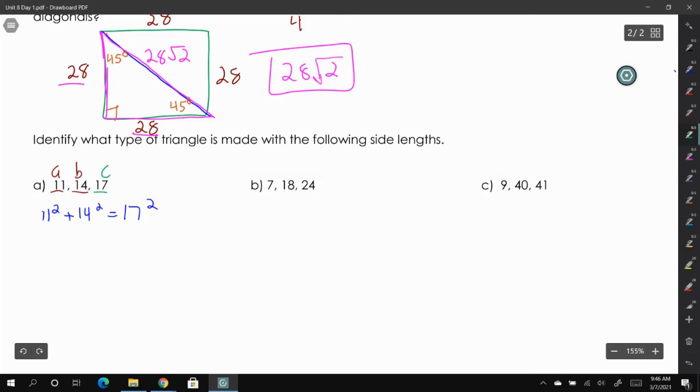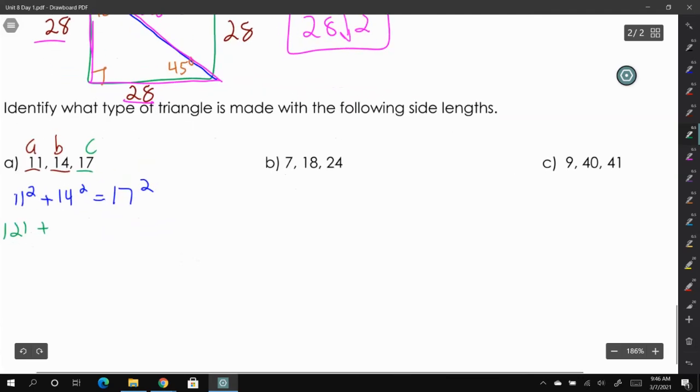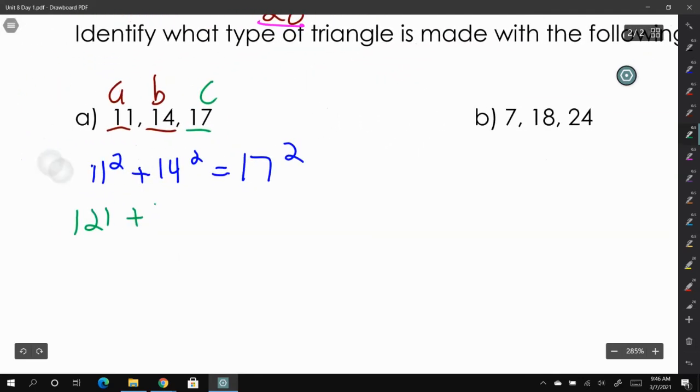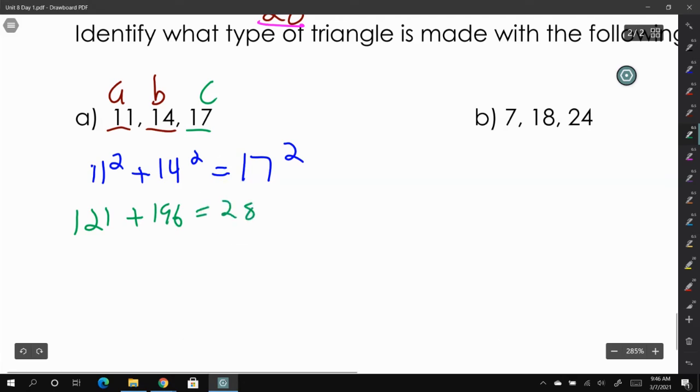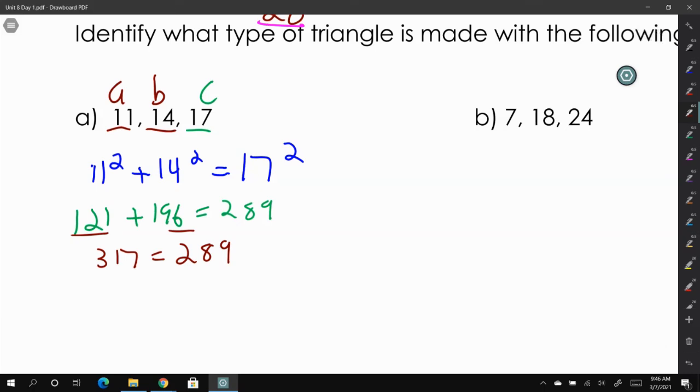So 11 squared is 121. 14 squared is 196. And 17 squared is 289. So when I combine like terms, I get 317 equals 289. Yes, obviously those are not equal, but what this tells us is that this is an acute triangle.